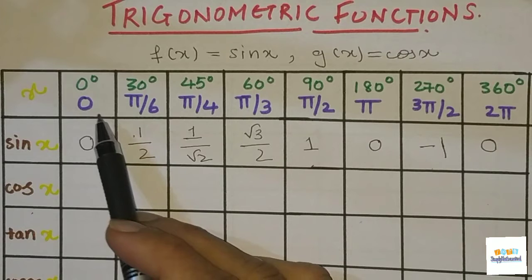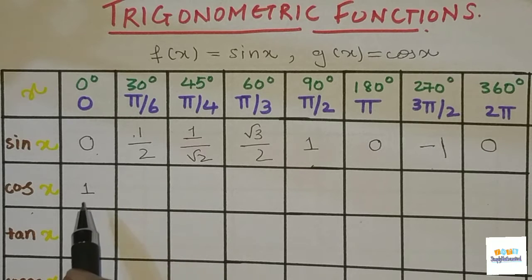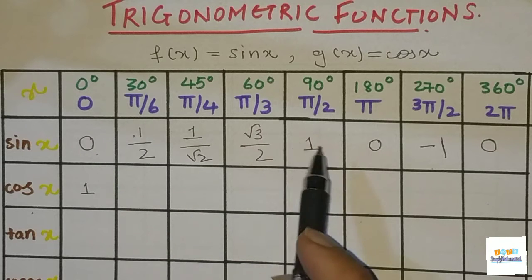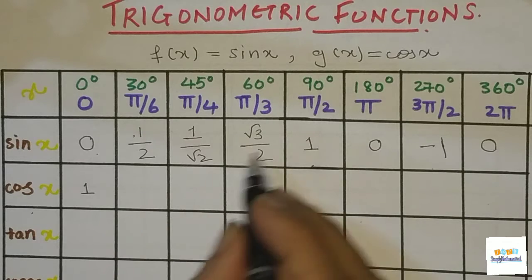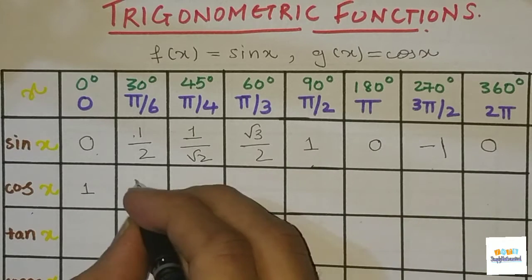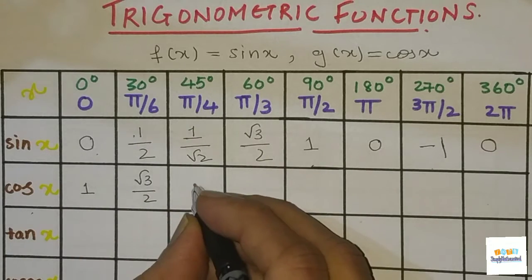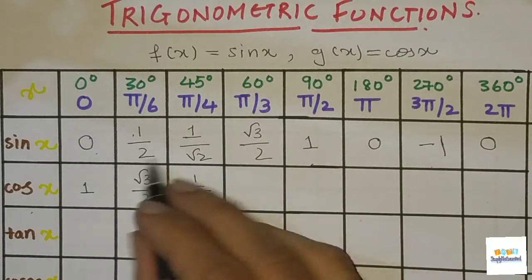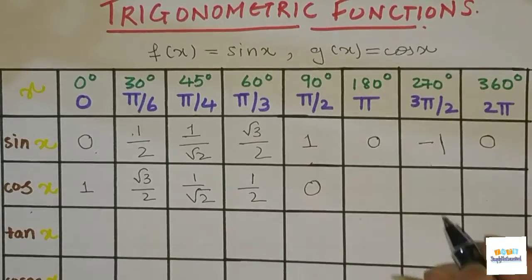Then cos x. Cos of 0 will be 1. The values that cos takes are just the values in the reverse order that sine takes from 90 to 0. So first it is 1, then cos of 30 is root 3 by 2, then cos of 45 is 1 by root 2, then cos of 60 is half, then cos of 90 is 0.